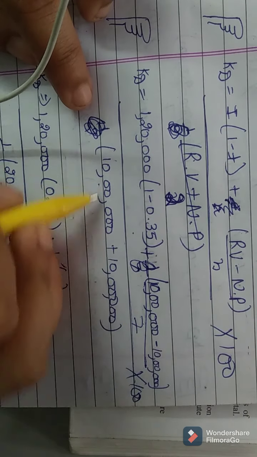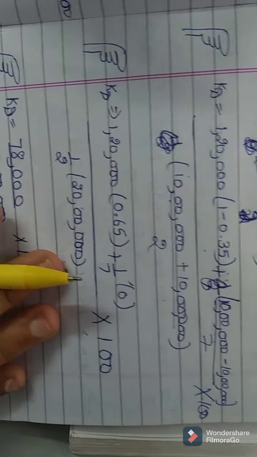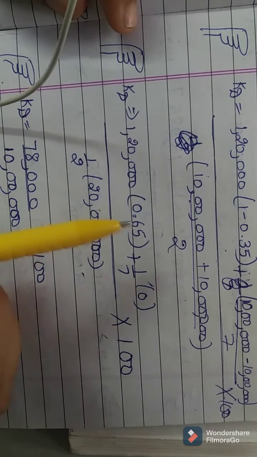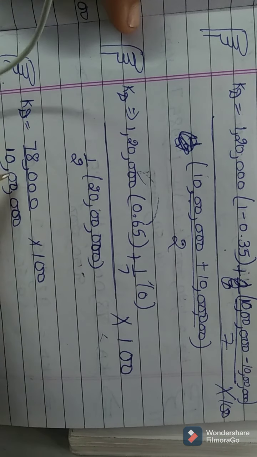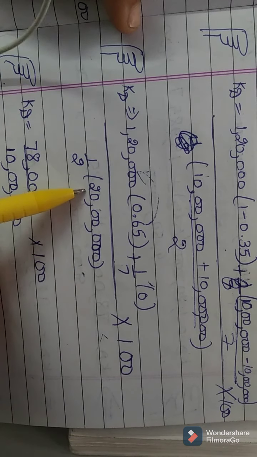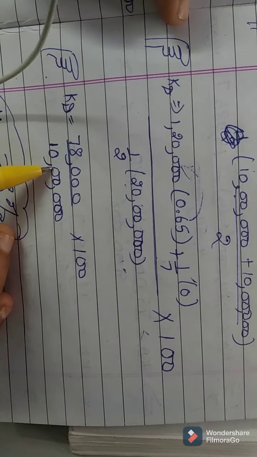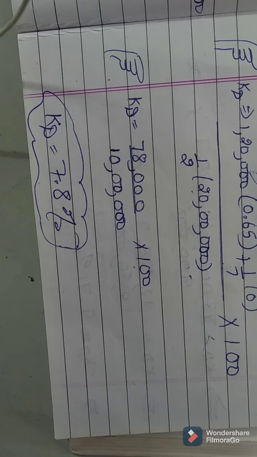RV is 10 lakh plus 10 lakh divided by 2, and then we get this amount. Firstly, we multiply this amount, then we get 78,000 divided by 7, plus 0 divided by 2, 10 lakh, into 100. Our final answer is 7.8.